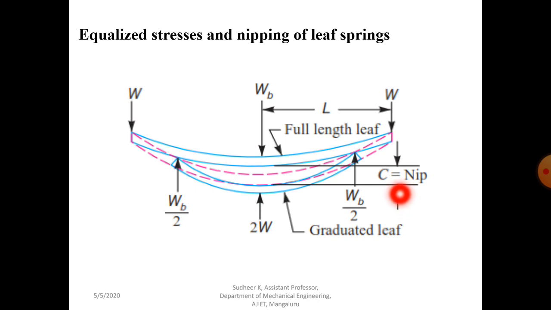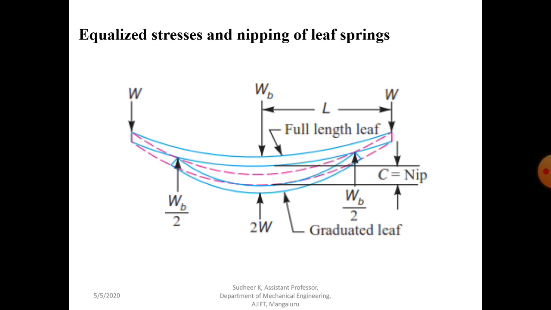So that is one more method to obtain equalized stress in the leaf spring. There are two conditions. One is by making the full length leaves of a smaller thickness, because then the distance from the neutral axis to the edge of the leaves is small, so that will induce less bending stress.